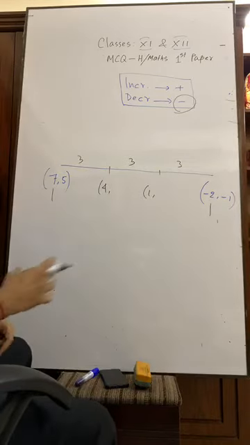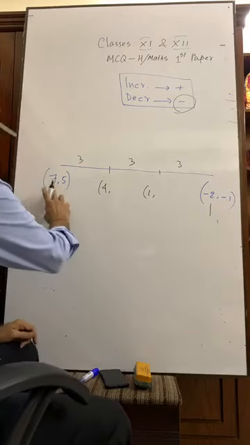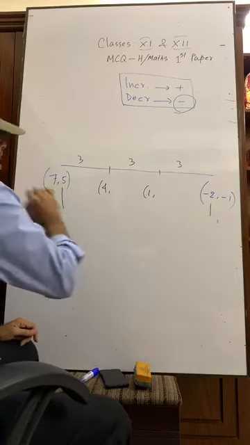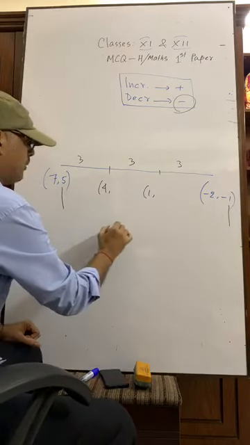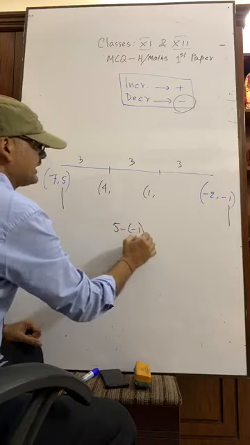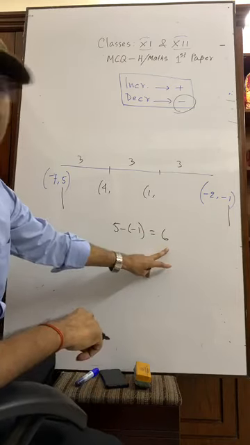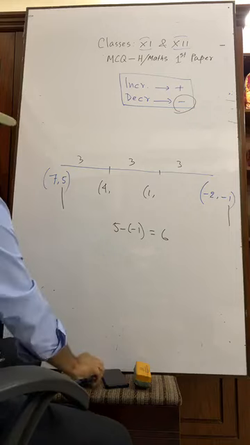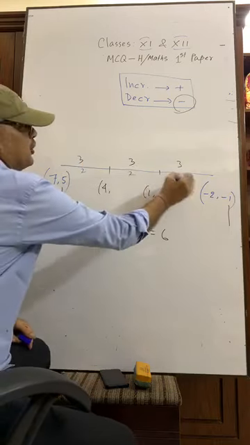Again see. What's the difference between 5 and minus 1? At first I told you 5 minus minus 1 is equal to 6. So it is to be divided by 3. So we can write here this is 2, this is 2, this is 2.